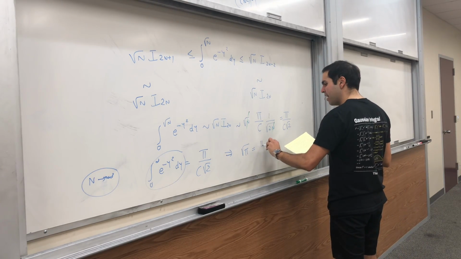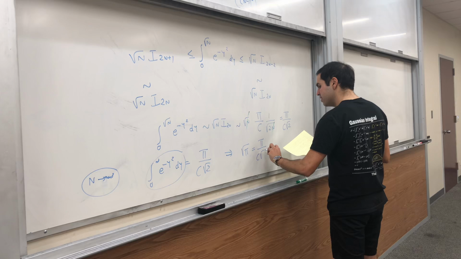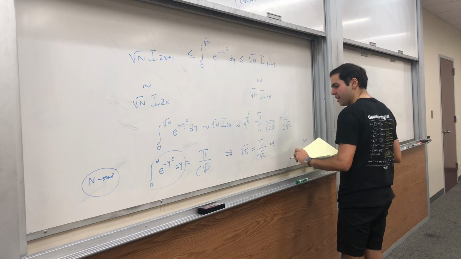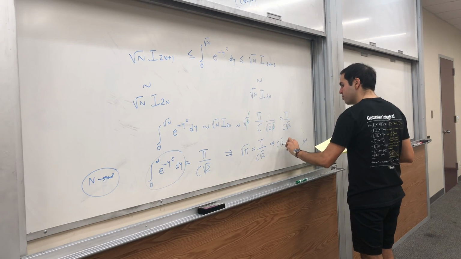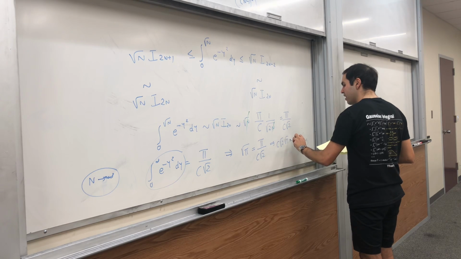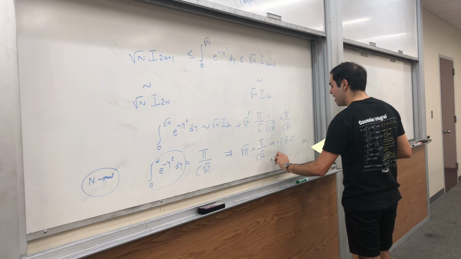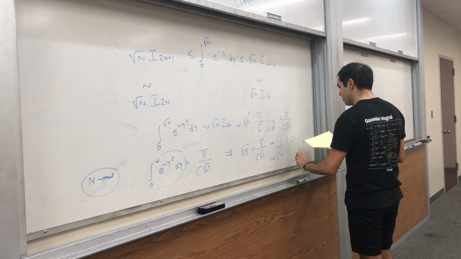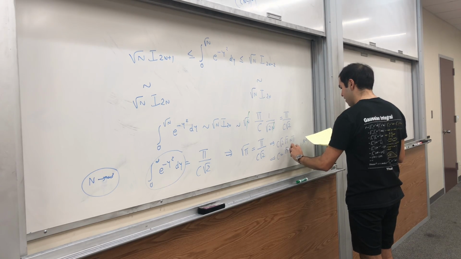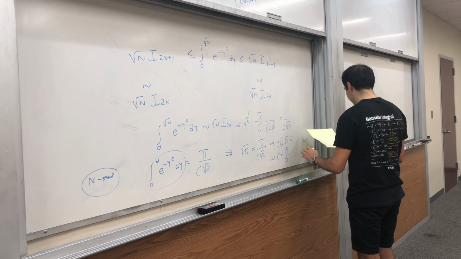So square root of pi is pi over c square root of 2. And then cross multiply, c square root of 2 square root of pi equals pi.